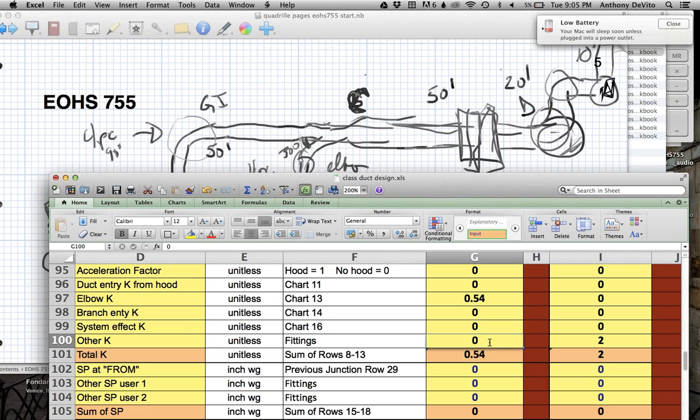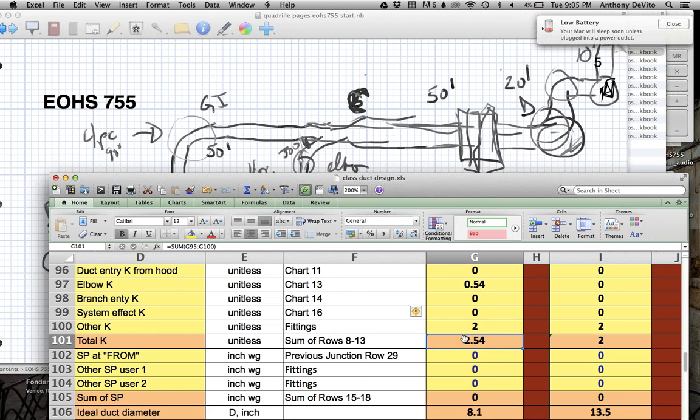The filter manufacturer is either going to give you a K factor or he's going to give you a static pressure drop, right? If he gives you a K factor, you put it in there. Let's say for our purposes that this thing with the media and the activated charcoal combined has a K factor of 2. We would put it there.